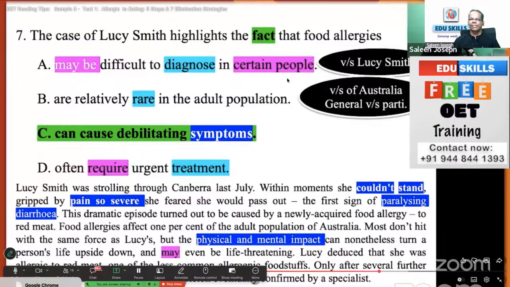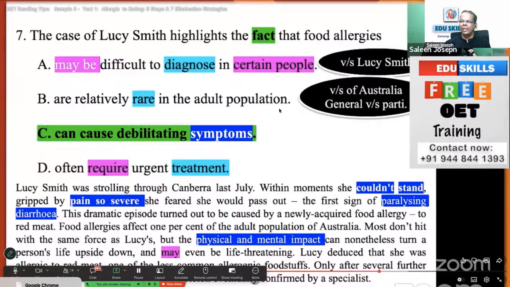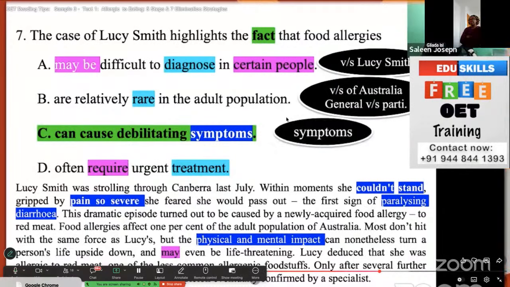When a doctor asks how is Lucy Smith, can you say so many people are sick? No. You have to say how is the condition of Lucy Smith, right? Also, the second one speaks in general, but the text is concerned about Australia.